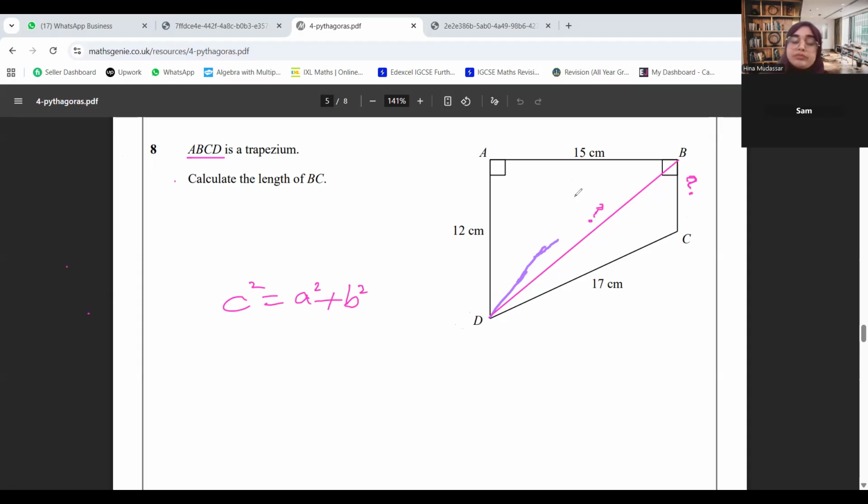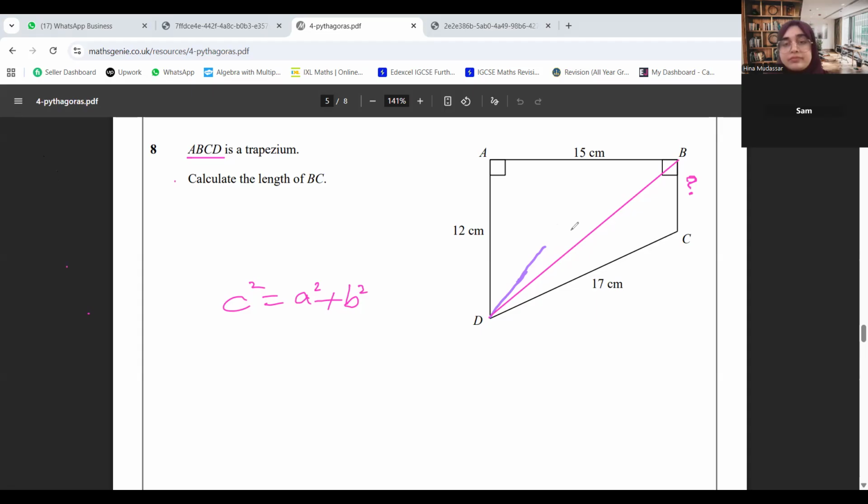So how will it be helpful? Let's quickly find it out, like you can do on paper. C squared equals A squared plus B squared.